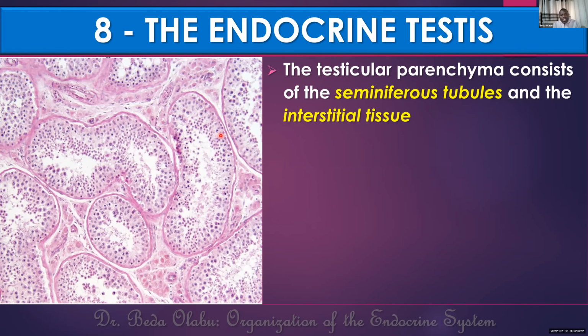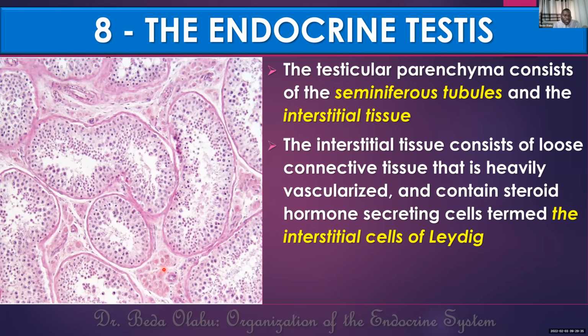However, between the seminiferous tubules, we have some loose connective tissue, which we call the interstitial tissue. This interstitial tissue is heavily vascularized. There are several blood vessels within this interstitial tissue. But in addition to the blood vessels, the interstitial tissue also contains some steroid hormone secreting cells, which we call the interstitial cells of Leydig.